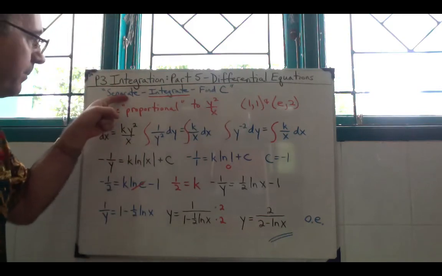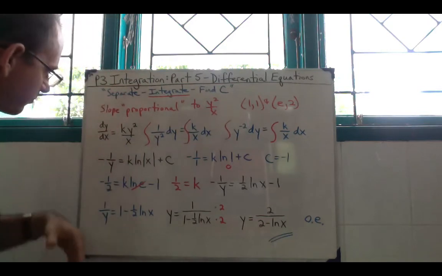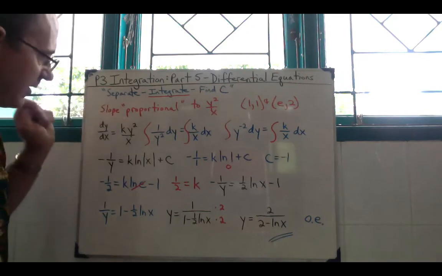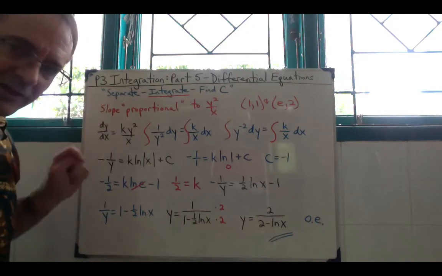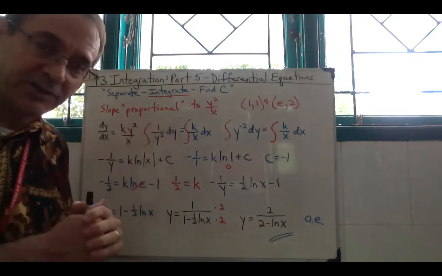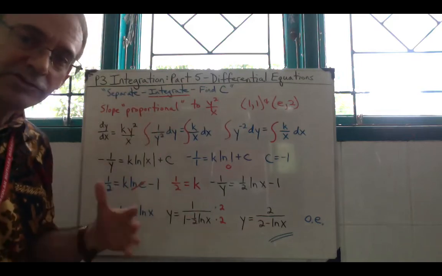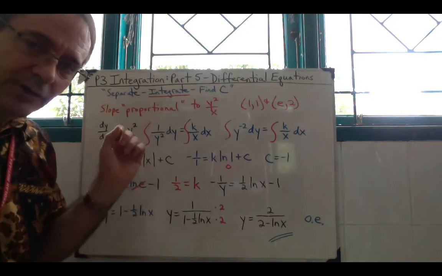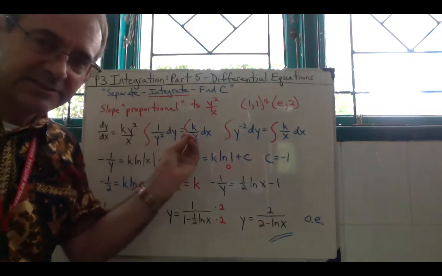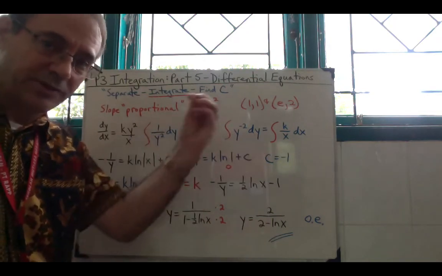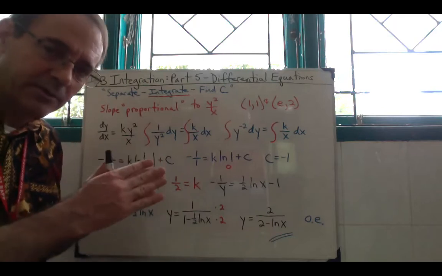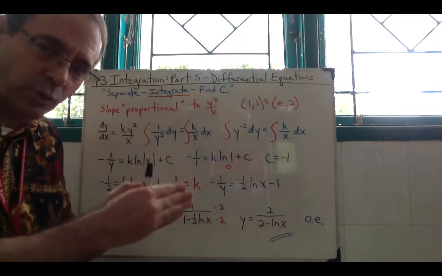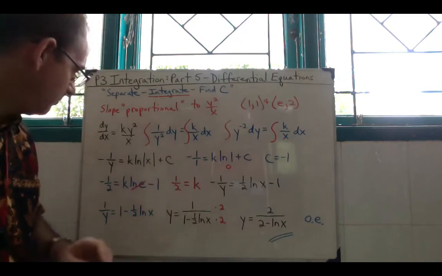So we need to separate the variables, meaning our y variable needs to go with its differential. If you remember in our previous integrations, we usually had the integral of x's with a dx or thetas with a d theta. We need to put the variables with their differential.